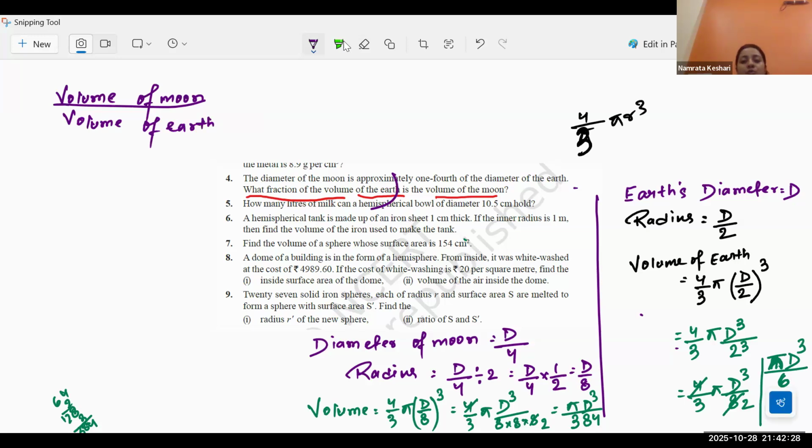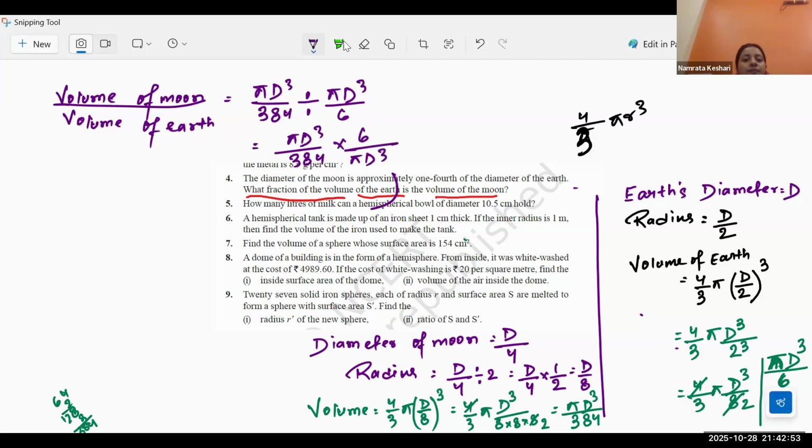Just now we have found the moon's volume as pi d cube by 384, divided by earth volume, which was pi d cube by 6. Okay, pi d cube by 384 into 6 by pi d cube.